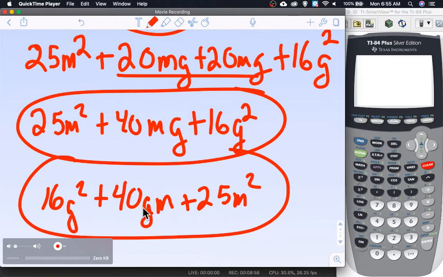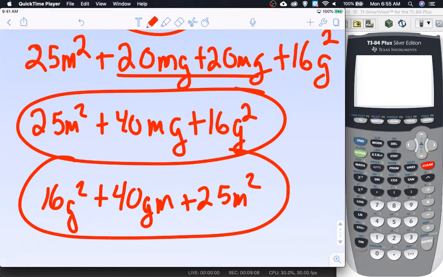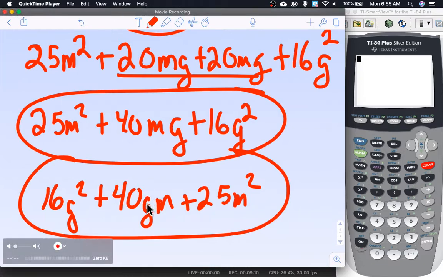Even here, we switched the g and the m, so instead of mg it's gm, which is perfectly fine because you're allowed to change the order of the terms inside of a multiplication. That's the commutative property of multiplication. And then we put the m last. So both of these are equivalent.